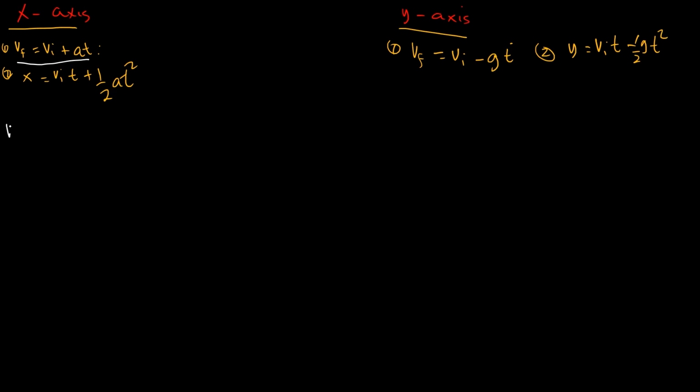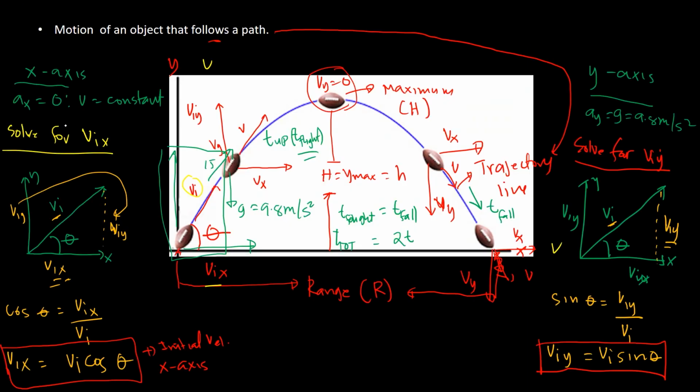So the final velocity here becomes v sub x. v sub x is equal to v sub ix plus a times t. Now as we have said here, in the x-axis acceleration is equal to 0.